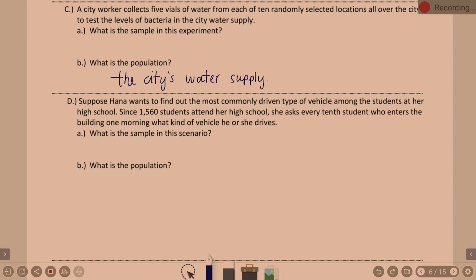Specifically, if you look at this one, there were 5 vials from 10 random locations. So 5 times 10 is the 50 random vials of water collected. So 50 vials of water collected.